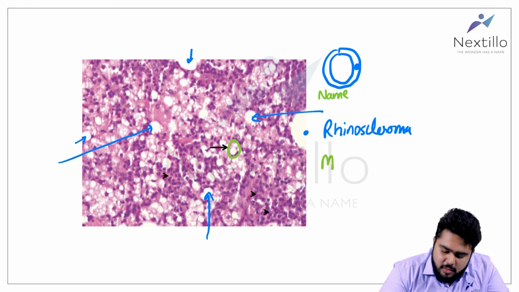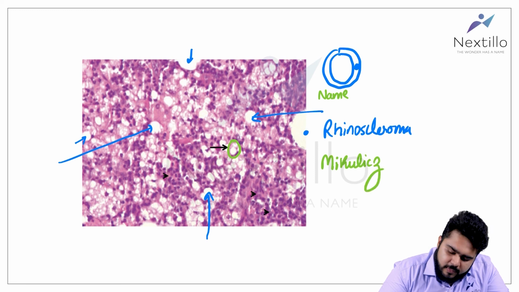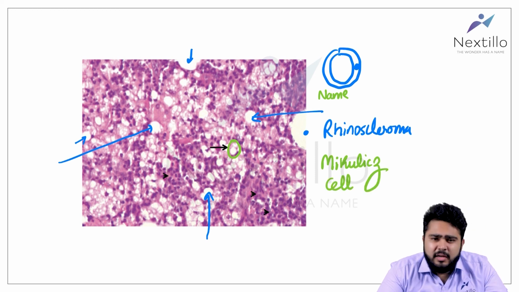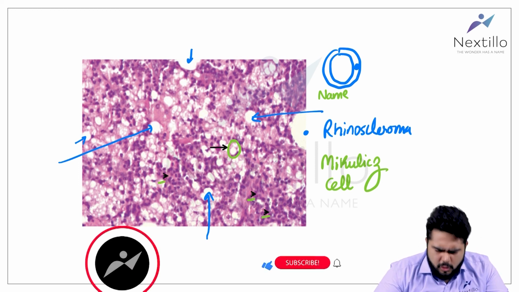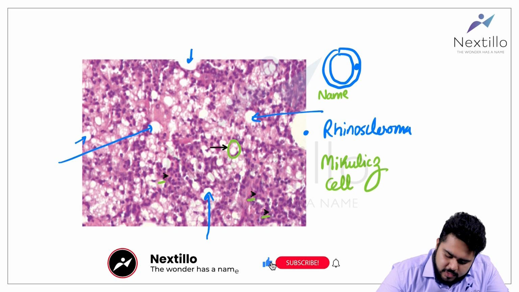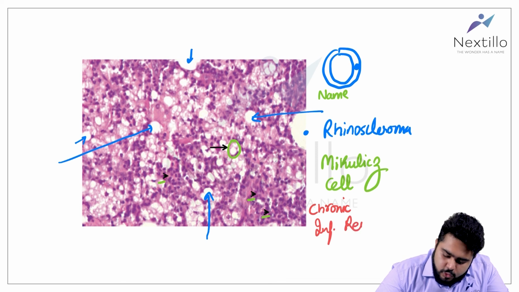This cell is called Mikulicz cell. Right? What does this arrowhead show? Chronic inflammatory response. Lymphocytes. Chronic inflammatory response. Right? So, chronic inflammatory response.